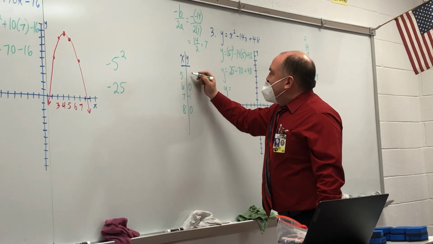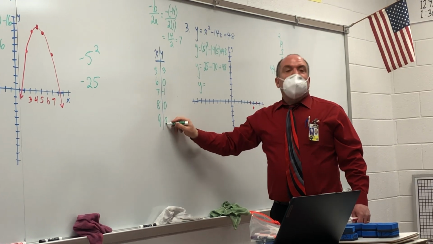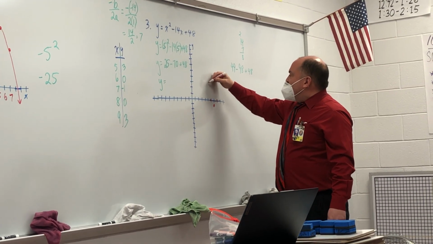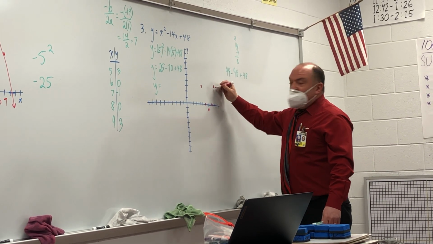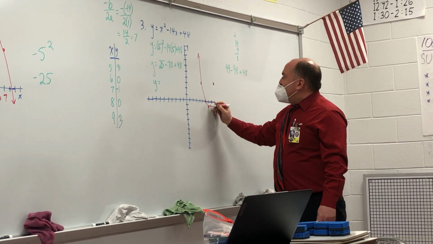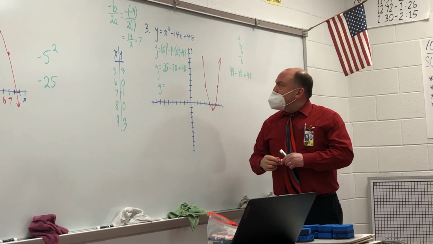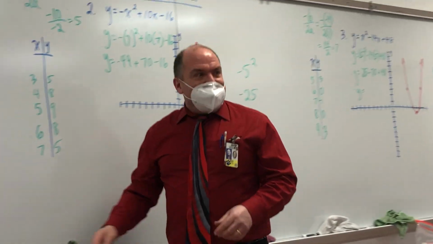So 5 is going to be 3, which means 9 is going to be 3. Very good. As soon as you plot that point, Delta Math will draw your curve. You've been watching the Weiss channel.